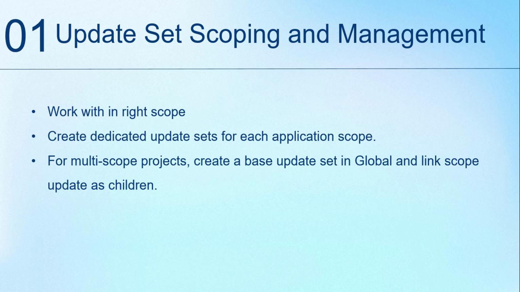In that case, you have to create one global update set and make it the parent. Then link all your update sets from the other application scopes as child update sets. Now let's move to the next best practice.